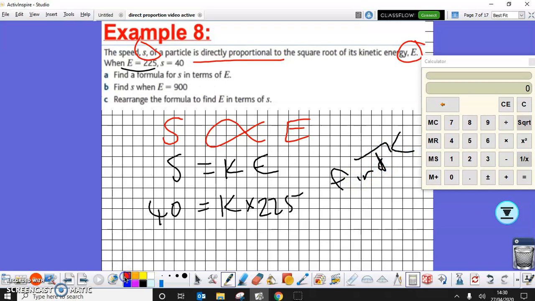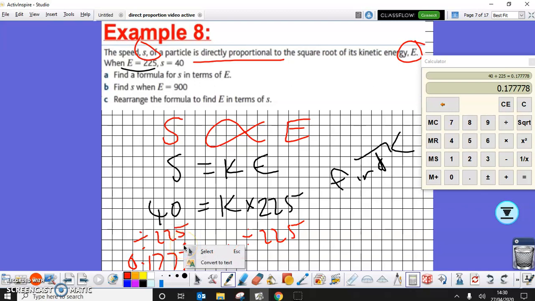Okay. So divide by 225. So K is going to equal 40 divided by 225, which is going to be 0.1777 recurring.